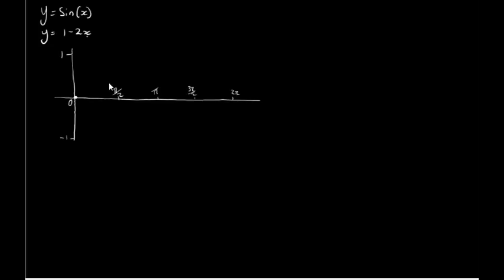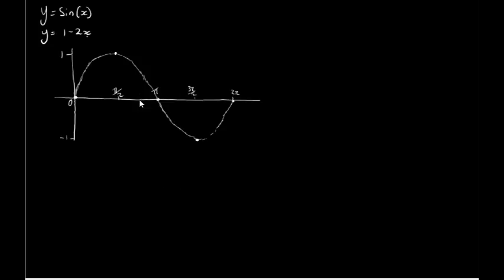So between 0 and 2 pi, we're going to go up to 1, stop at pi, down to -1, and then 2 pi. So if we connect the dots, okay, it's going to look something like that.